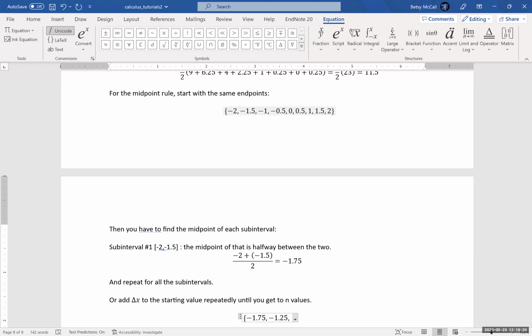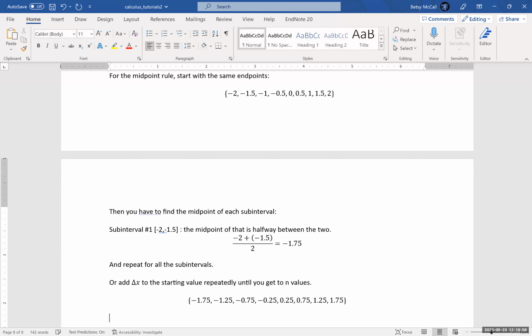And then you add another half to that, and you get -0.75, which is in between -1 and -0.5, and then -0.25, which is halfway between -0.5 and 0, and so forth. 0.25, 0.75, 1.25, and 1.75. And then again, you double check, you make sure there's 8 of them. 1, 2, 3, 4, 5, 6, 7, 8. Yes, there's 8 of them.